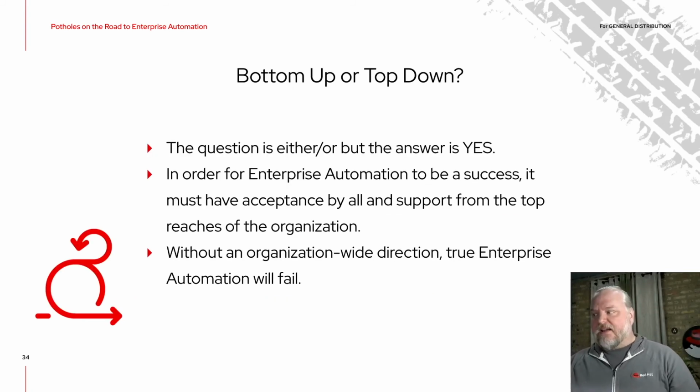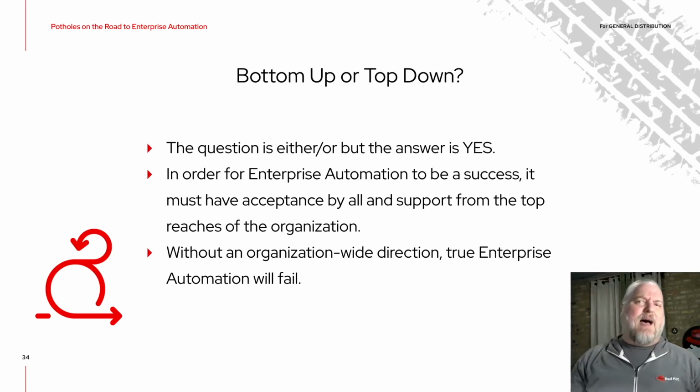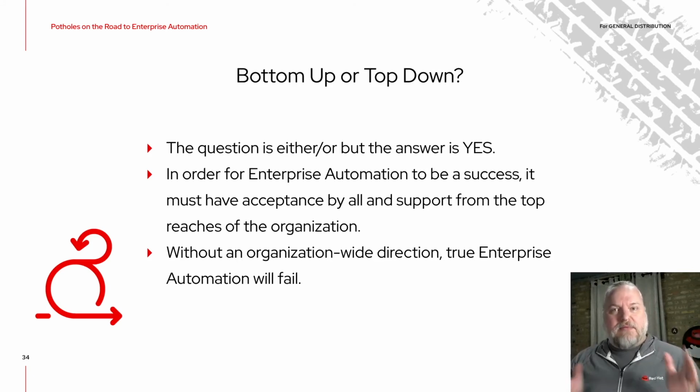And then finally, the question about top down or bottom up. Is automation a grassroots effort, or is it something that's driven from the top, that's handed down as an edict from above? And this isn't really an either or question. It's a both. Yes, the answer is yes. In order for enterprise automation to be a success, it's got to have acceptance at all levels of the organization.